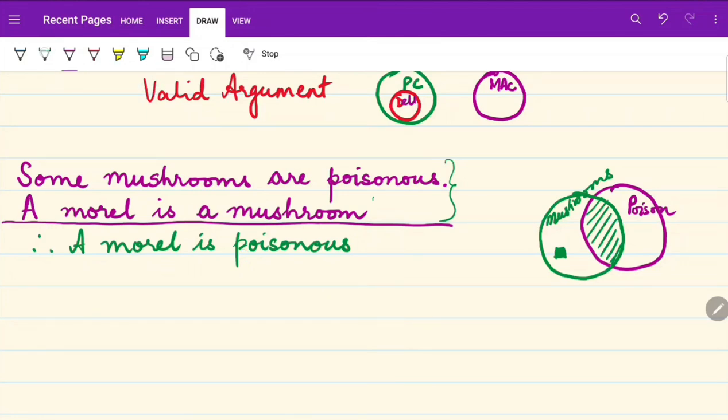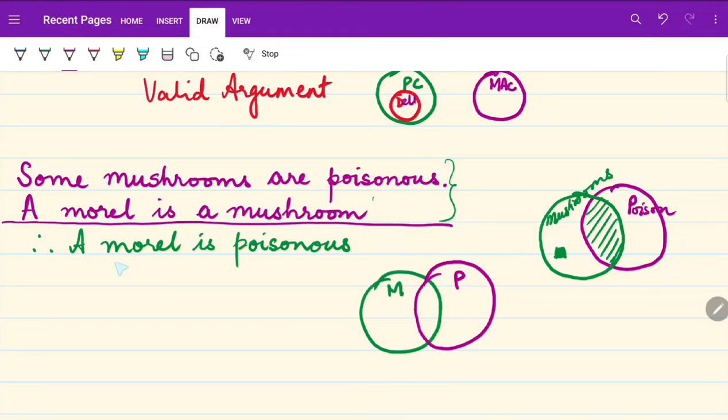So again, we'll have our circle for mushrooms, which will intersect with the circle of poisonous items. And then the conclusion says, therefore a morel is poisonous. All right.